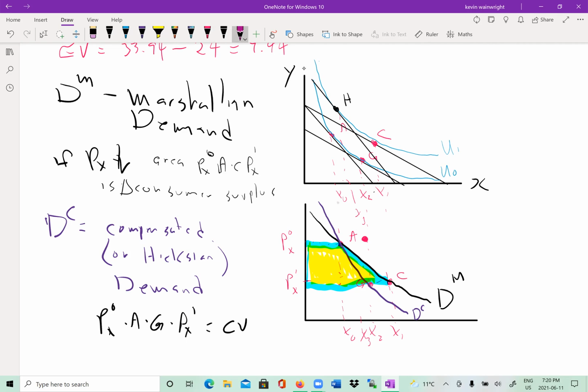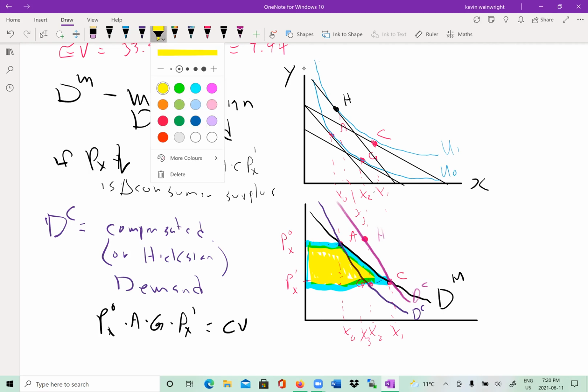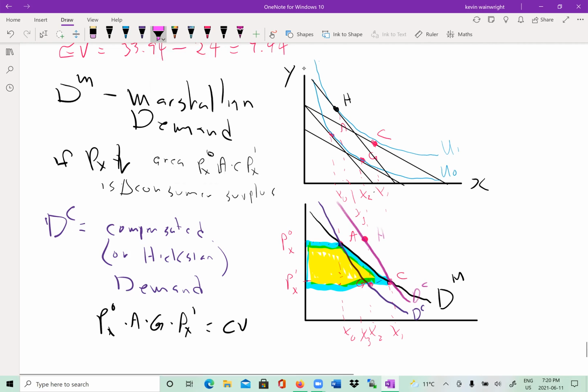And if I connect those 2 points, then I have another compensated demand curve at the higher price. And if I take the area under this new higher demand, I have equivalent variation.